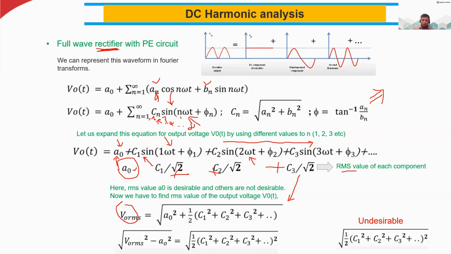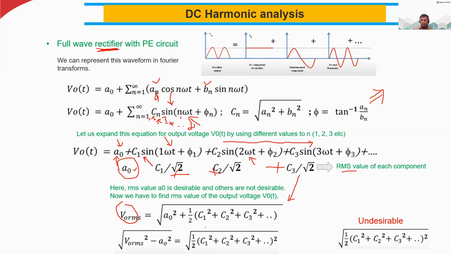I know the RMS value of each component, so now I'm making the total RMS value of the output voltage. And now I just rearrange this equation. So now it will become square root of VO RMS square minus A0 square equal to the rest of the components which are under this square root.